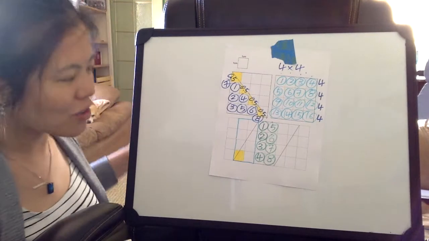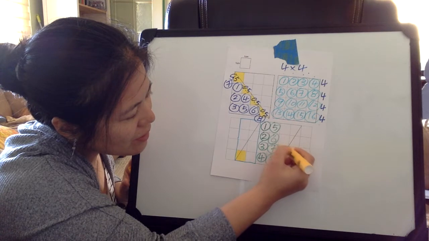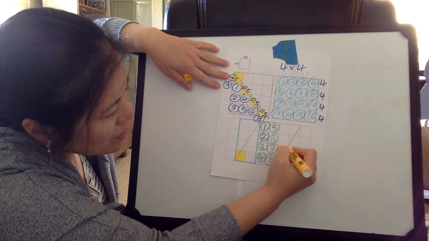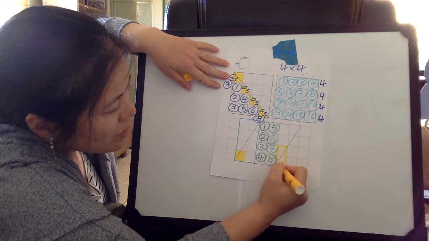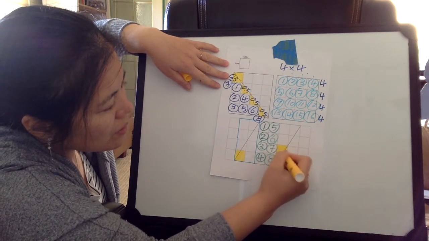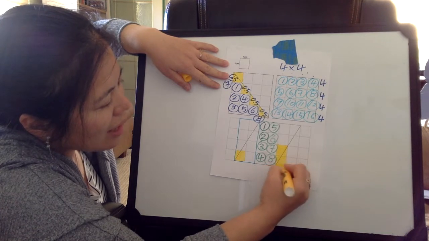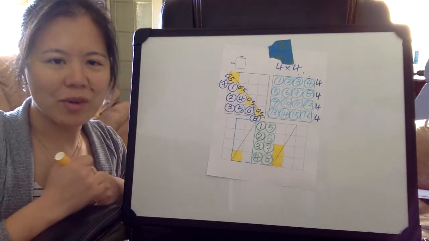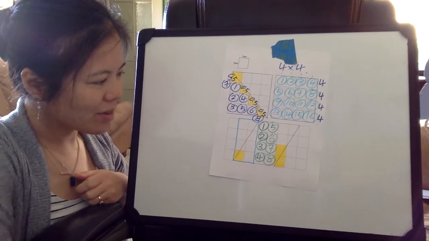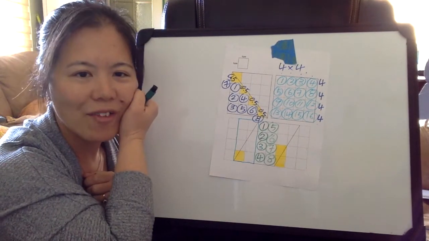Or you could also look here. And think about what you notice in this smaller rectangle. So isn't this also cut in half?